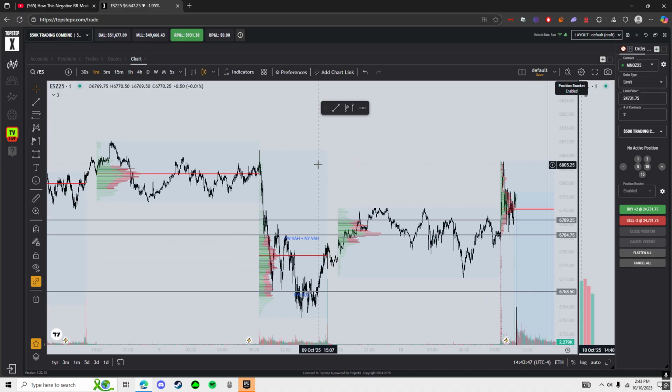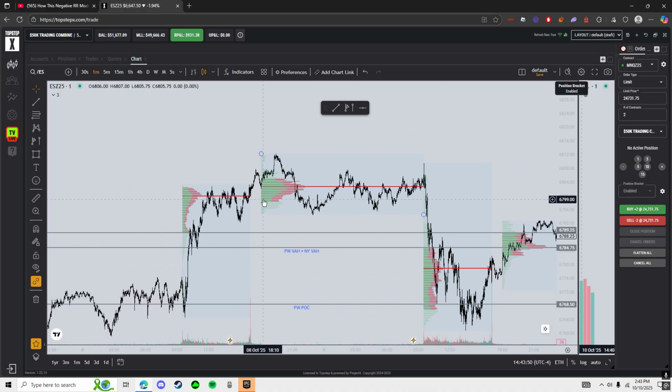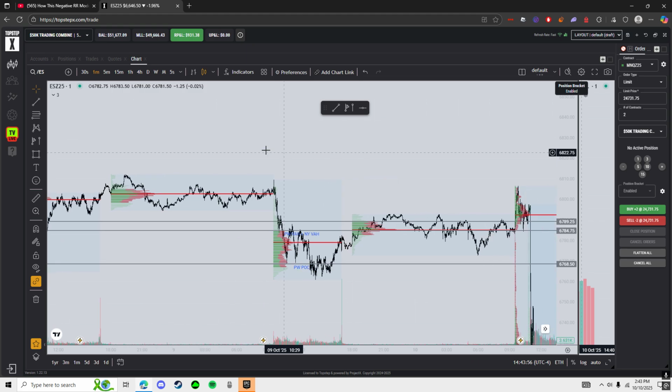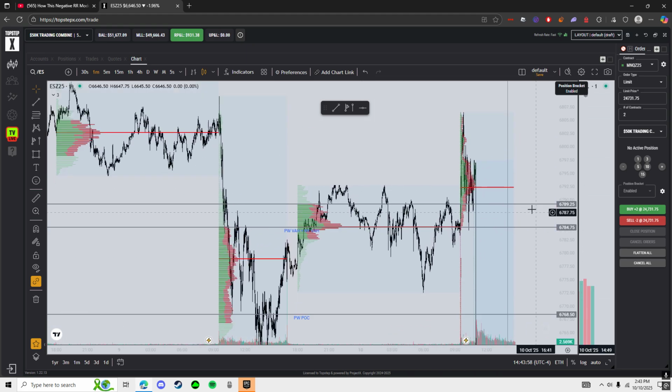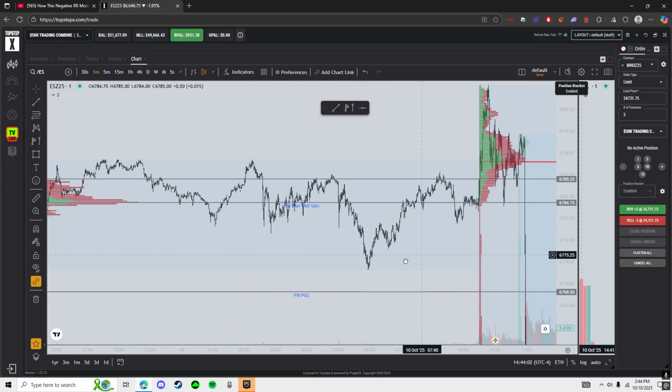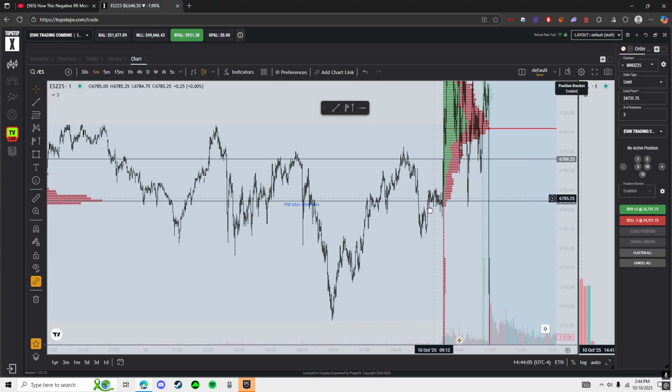I used to wait 30 minutes for the volume profile of the New York session to develop, but recently it was brought to my attention that these levels on the market open always have a reaction right as the New York session opens up.